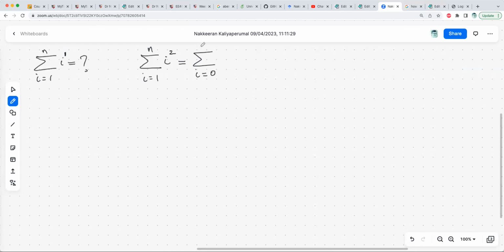When you start from 0, you can still go to n. And this can be written as (i plus 1) whole squared.